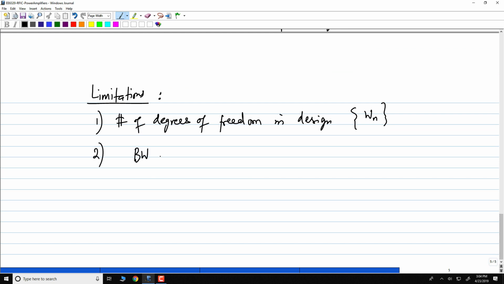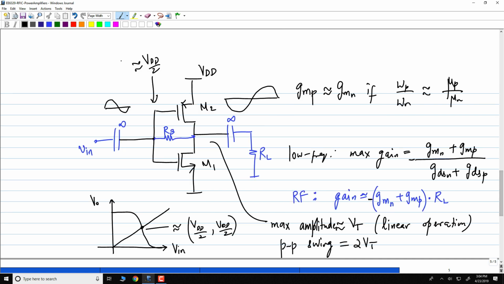So the other limitation is bandwidth. What is the bandwidth of the circuit? Remember that this circuit has some additional parasitic capacitance. So effectively, you have an RC bandwidth.